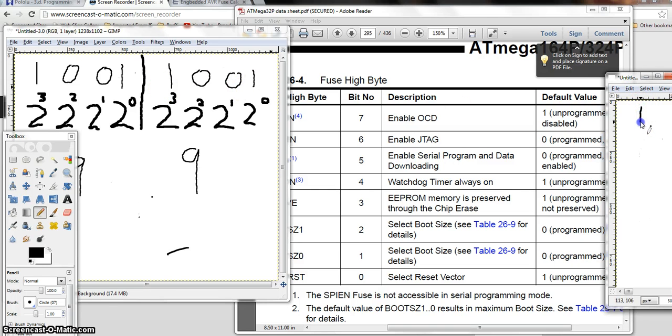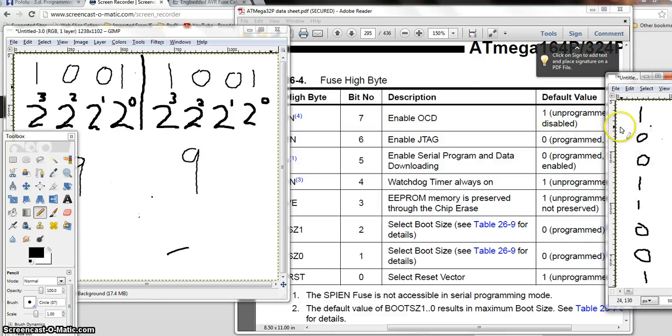So we had a 1, a 0, a 0, a 1, another 1, a 0, a 0. Alright, I'm done butchering the English numerical system.